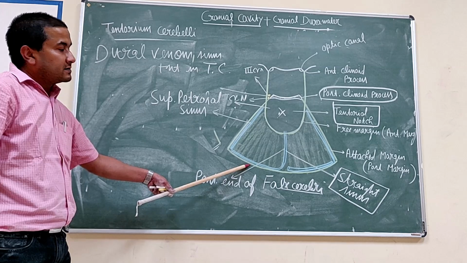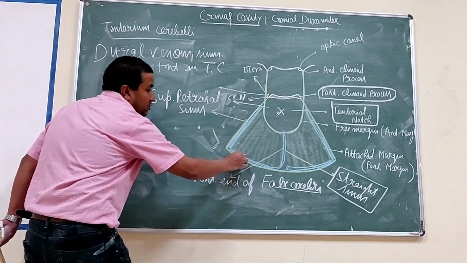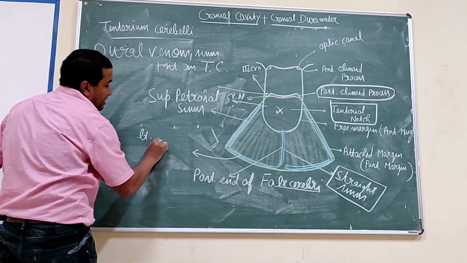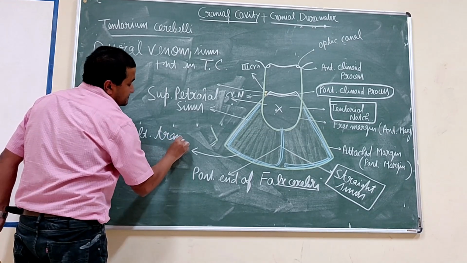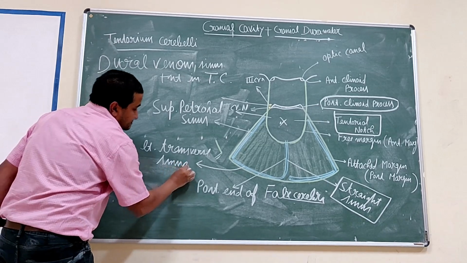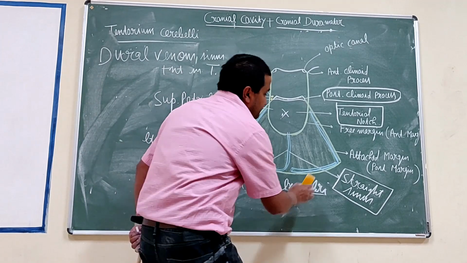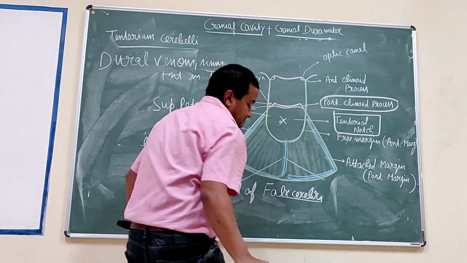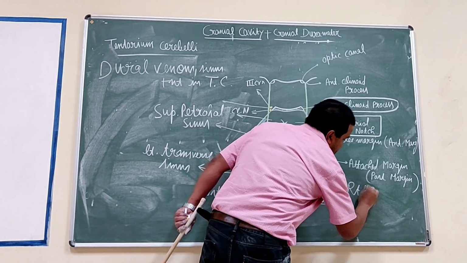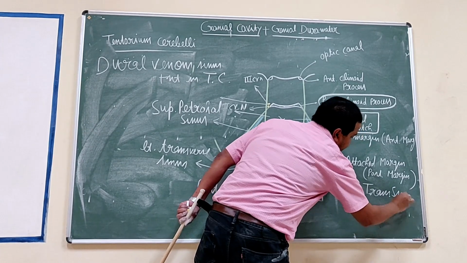Now the sinuses present posteriorly, in the part which is attached to the lips of the transverse sulcus, are two in number. It is the left transverse sinus, while this one is the right transverse sinus.